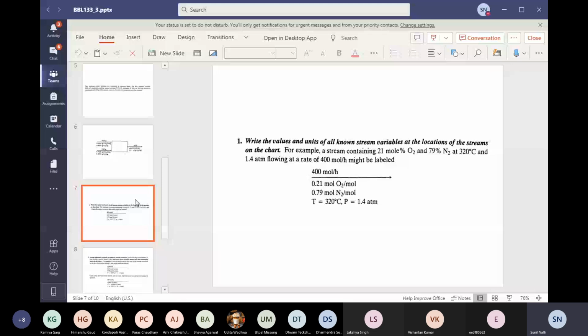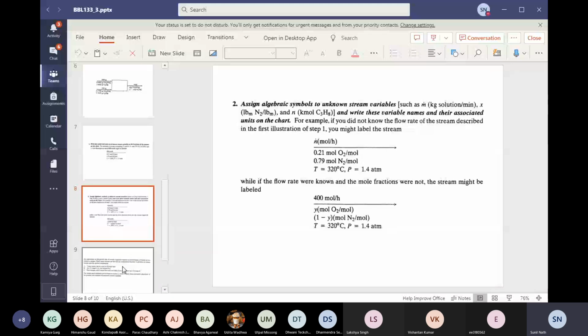Then the next is what I just mentioned to you in words. Look at the item in bold. You have to give those symbols. He has chosen, for instance, so much solution is flowing per minute, so that is m dot. Small x, now it's not very clear what he means by small x.